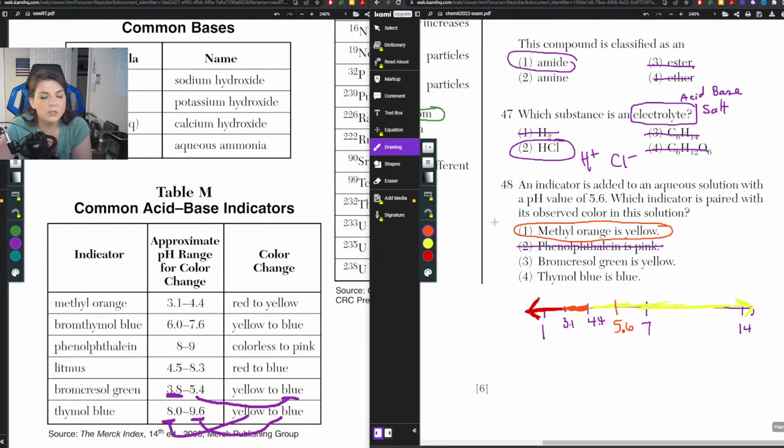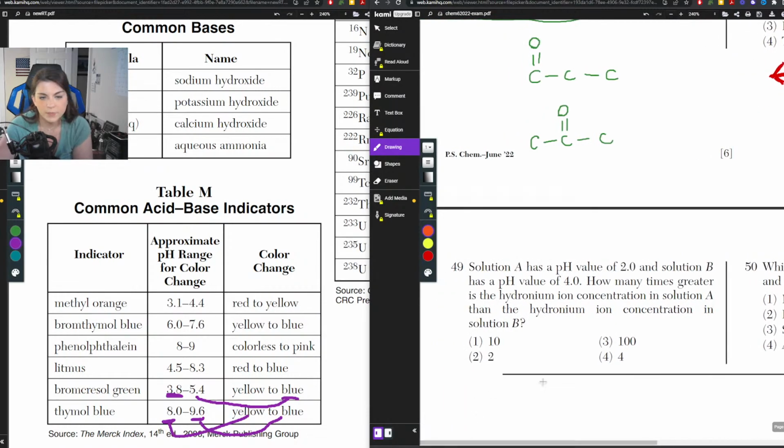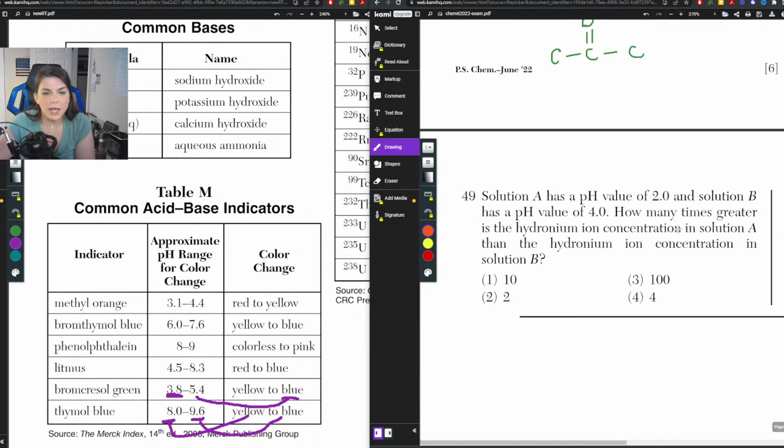All right, moving to 49 and 50, the final two multiple choice questions. Number 49 asks, solution A has a pH of 2 and solution B has a pH of 4. How many times greater is the hydronium ion concentration in solution A than in solution B? The pH scale is a log scale.